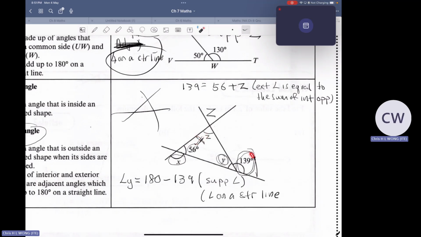Exterior angle is equal to the sum of the interior opposite, sum of these two. Sum of these two will equal to this.